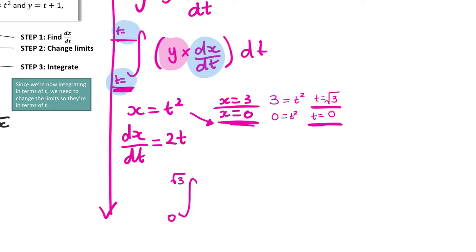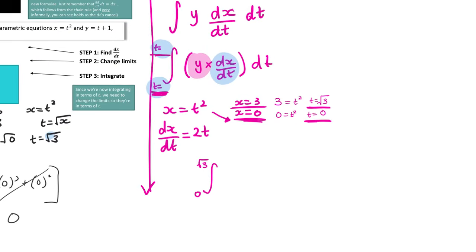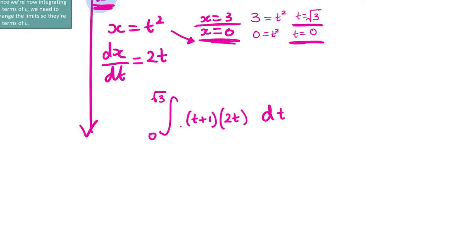So now, what we have is our y, what was our y? t plus 1, multiplied by 2t, and then we are going to integrate this with respect to t. So I need to simplify this now. So we're going to have the integral between root 3 and 0 of 2t squared plus 2t with respect to t.